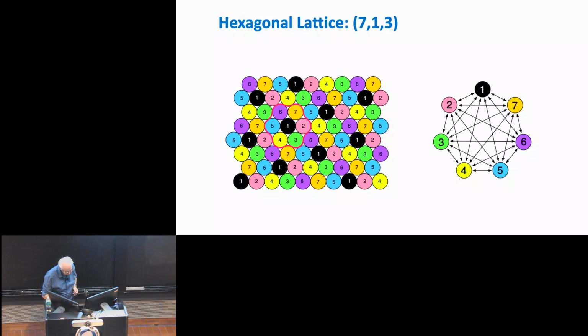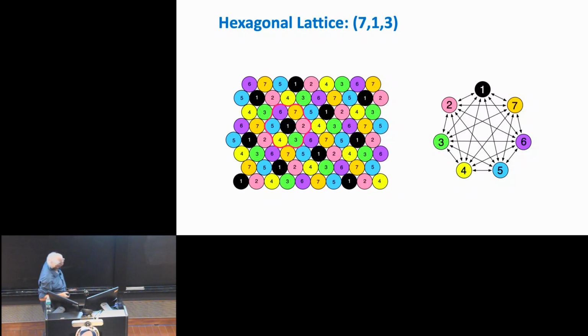And let's look at the interesting one, which is the 713 tiling. So outlined in a wiggly red line is a repeating unit. It's not one of the parallelograms, it's actually hexagonal.